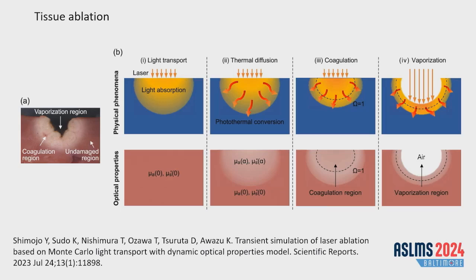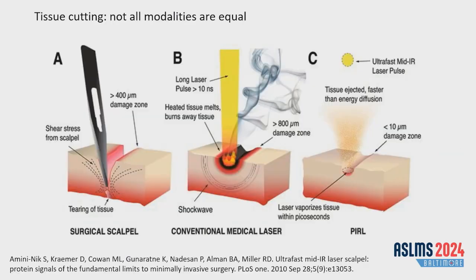Finally, when you keep increasing the intensity of interaction, you really start to vaporize tissue. And this vaporization, again, starts on microscale and can be extended to macro scale. Now, the vaporization comes in different flavors.